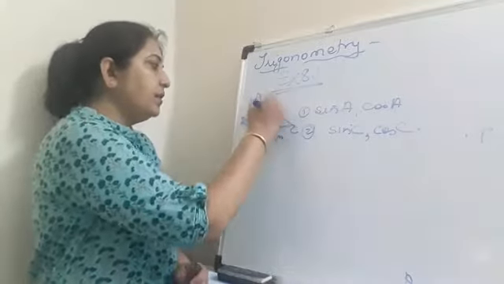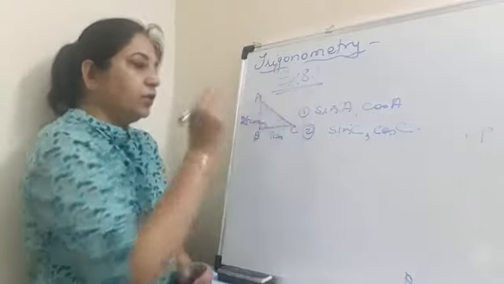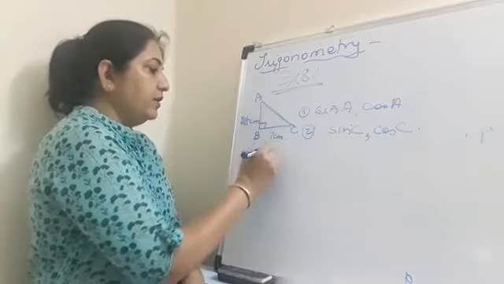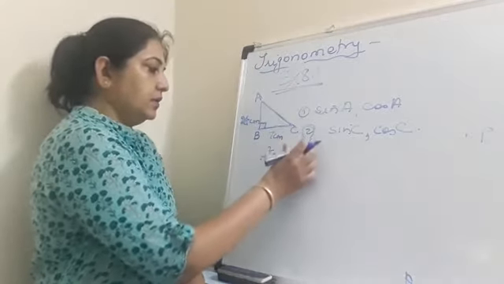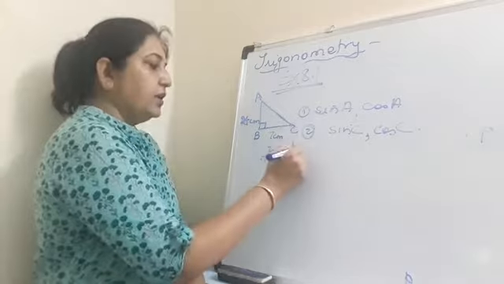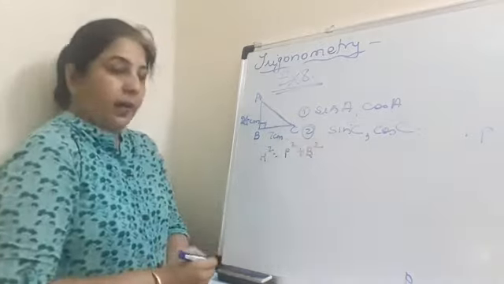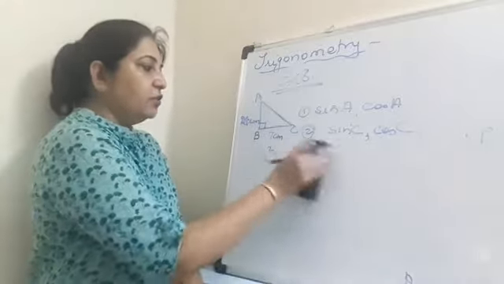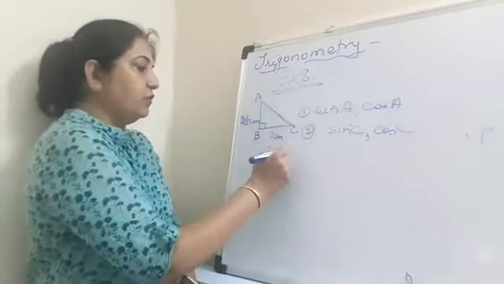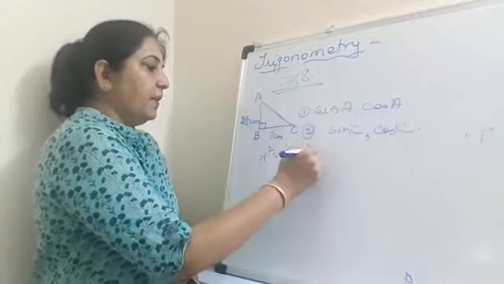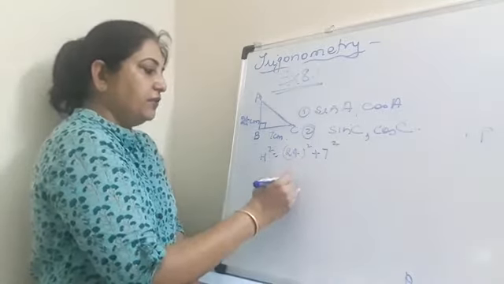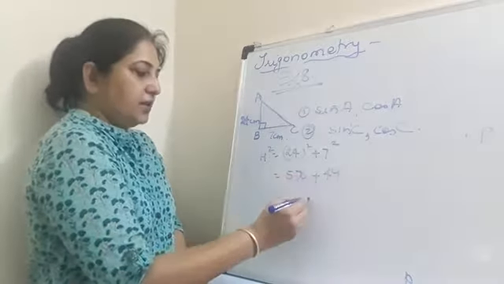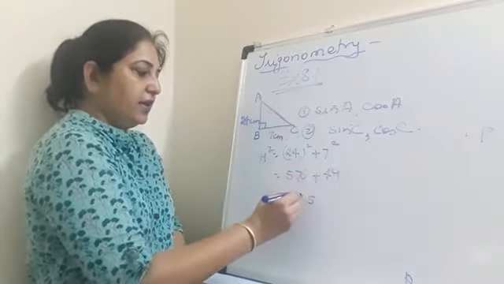How will we find the hypotenuse? We will find the hypotenuse by the Pythagoras theorem. You all know h square is equal to p square plus b square. But as I told you, we are not going to use the terms p and b, so we are going to directly put the values: 24 square plus 7 square, that is 576 plus 49, which will give you 625.